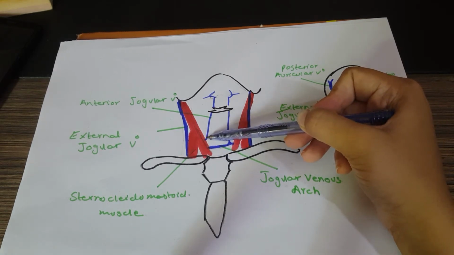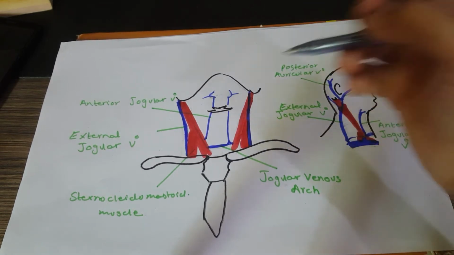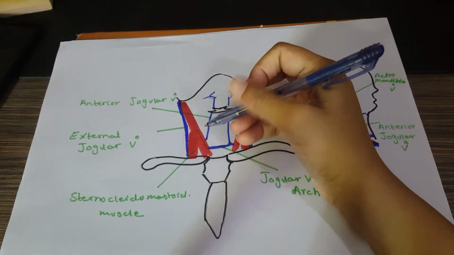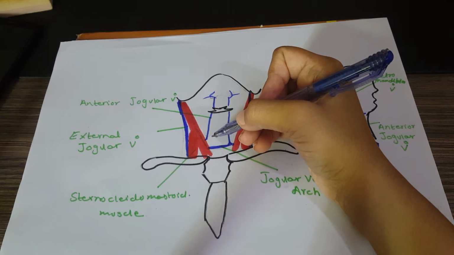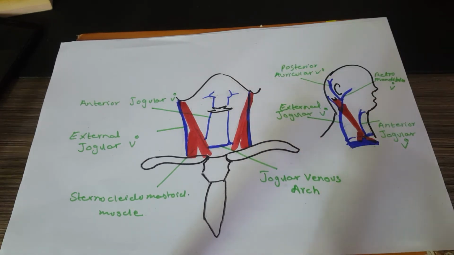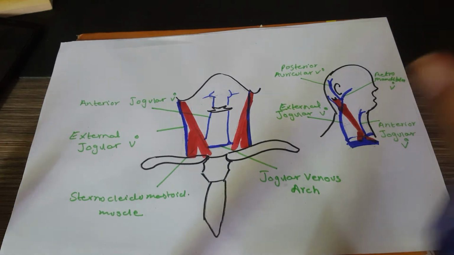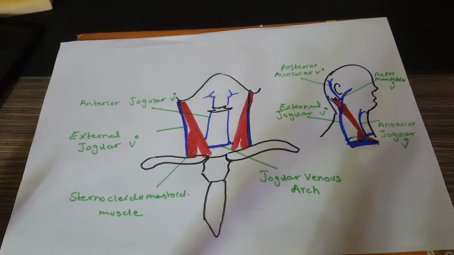The anterior jugular vein pierces the investing layer of deep cervical fascia. As we know, the deep cervical fascia is present below the superficial fascia. The outermost layer is the skin, then comes the superficial fascia, then comes the deep fascia.